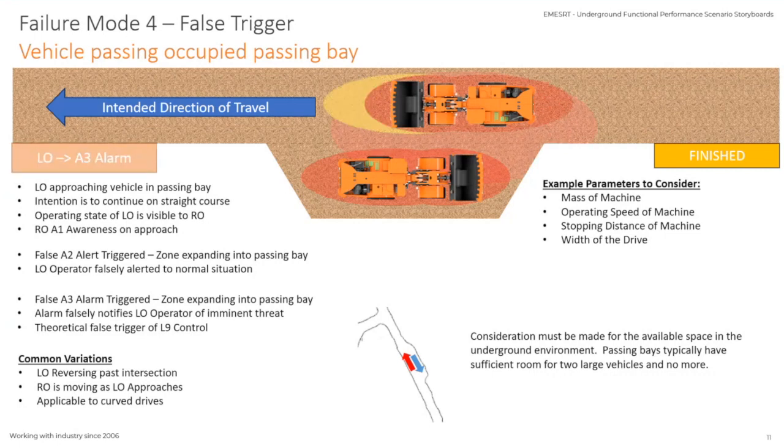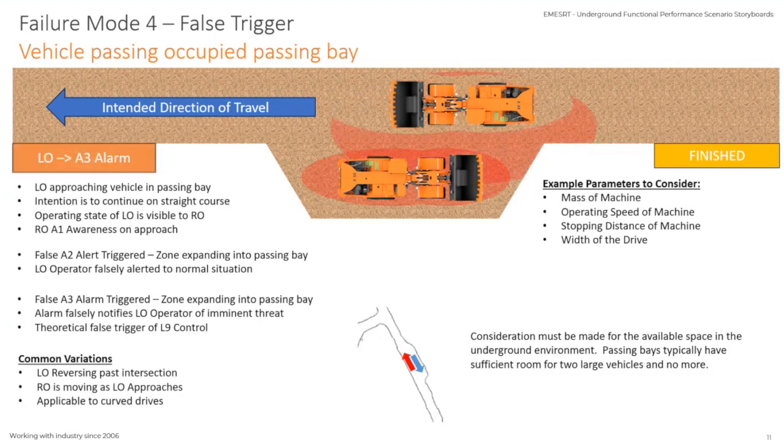You make it wide enough for one, and then you put passing bays in stages along the drive. And those passing bays are typically big enough for 1 vehicle. However, I have seen passing bays where you can jam in multiple vehicles. I've seen a lot of examples where you'll have an HV in there and then a couple of LVs will sneak up behind and jam themselves in there to allow another HV to pass. So it can get quite congested.